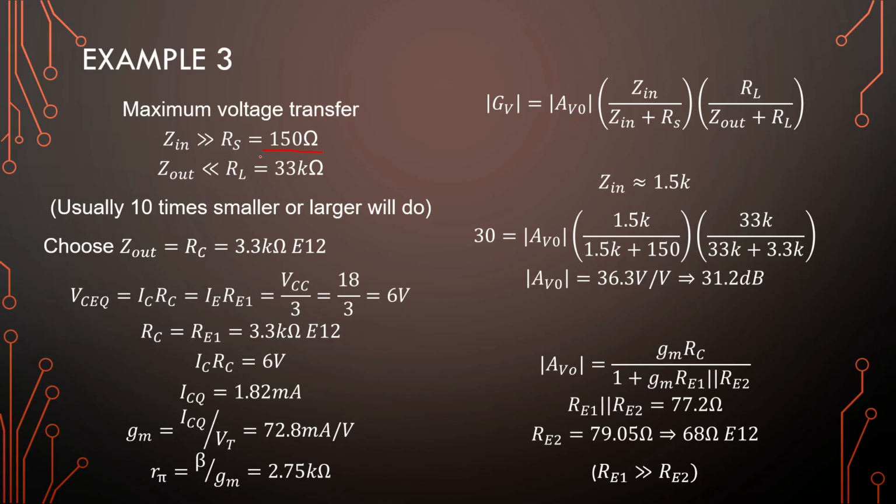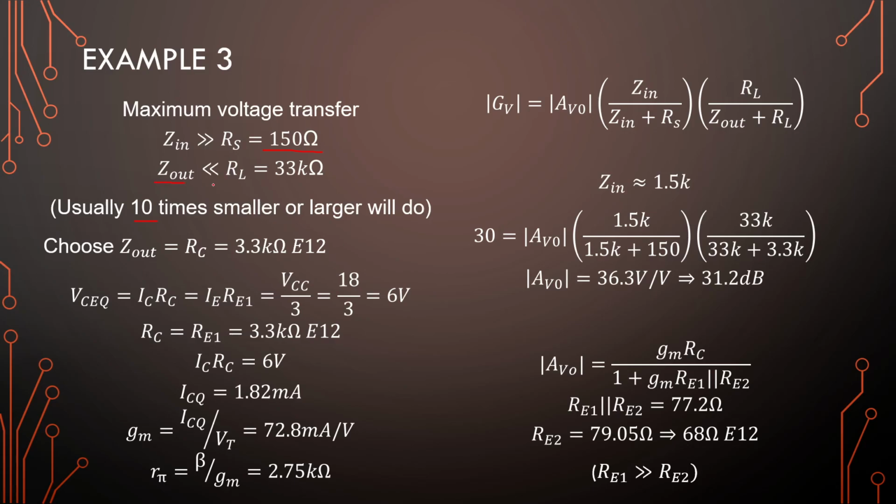So the bare minimum that we can go with is 1.5 kilo ohms. I would typically select a bit more in a practical example, but let's go with the 10 times so that you can see the effect that it's going to have.